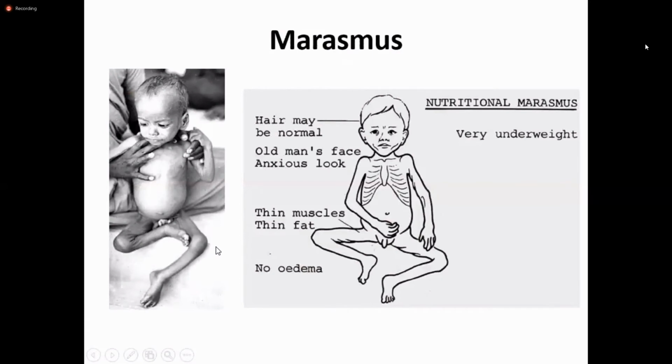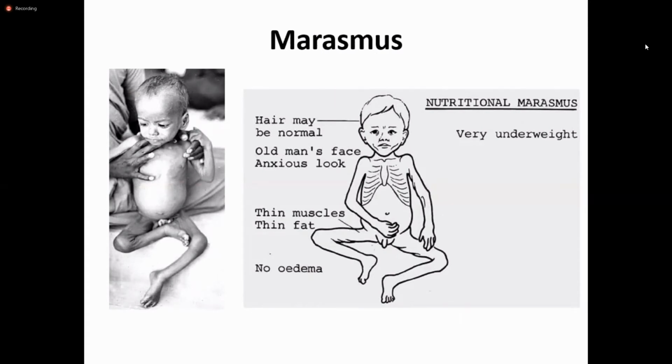So now the other extreme, there is marasmus, where the child is very thin built. You can see in these photographs the upper limb and lower limb, so thin, just bones are visible. There are loose skin folds and a monkey-looking face or old man face.